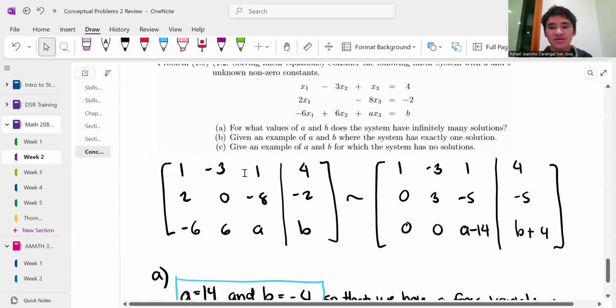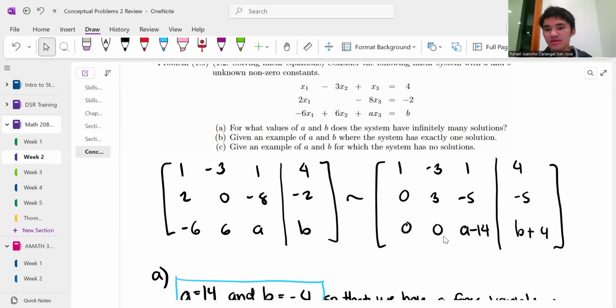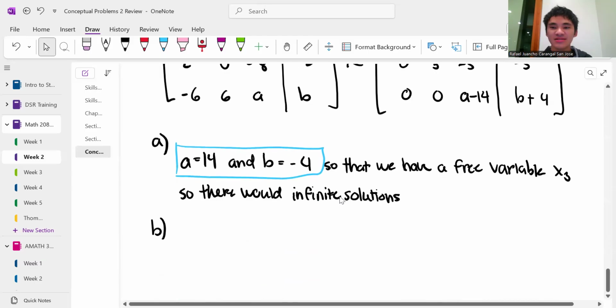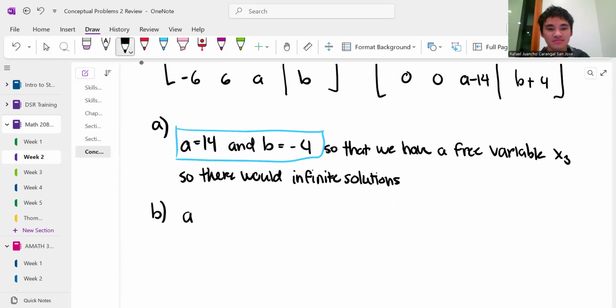Give an example of A and B where the system has exactly one solution. It could be anything except 14. Or no, A should be 14. Wait a minute. No. A should be anything except 14. But B should be -4, right?